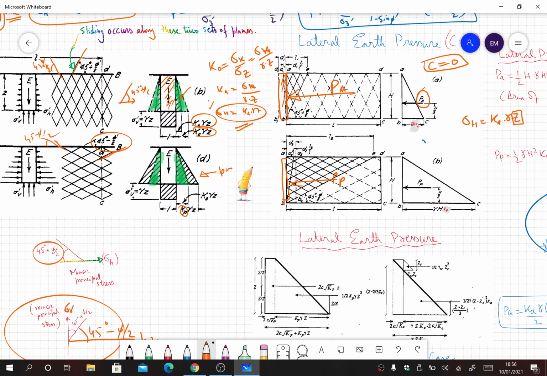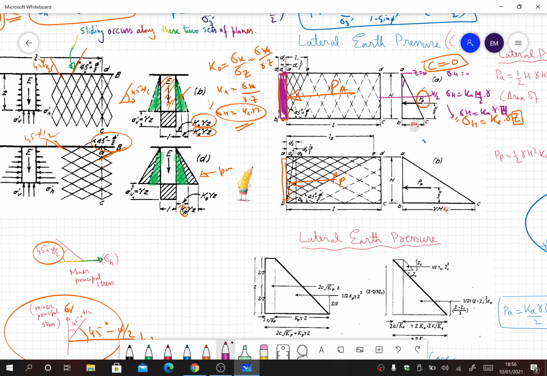So if this is the height of the retaining wall, at the top of the retaining wall z is equal to 0, so sigma h will be equal to 0. At this point we have z equal to h by 2, so sigma h will be equal to Ka into h by 2 into gamma. Similarly at the bottom we will have sigma h equal to Ka into gamma into h, where h is the total height of the retaining wall.